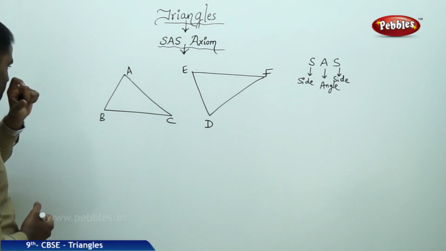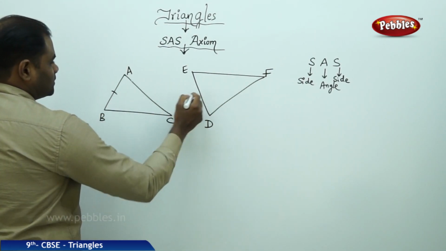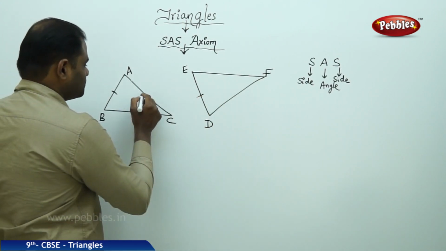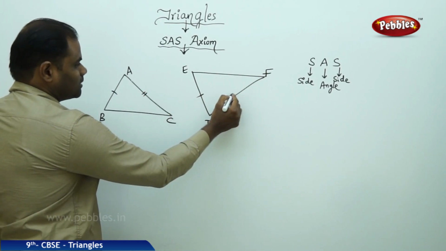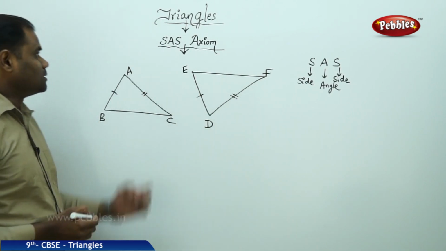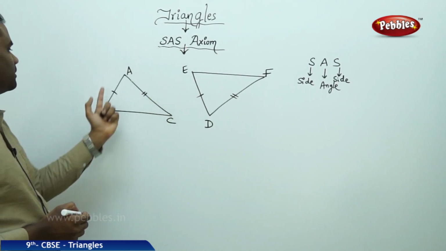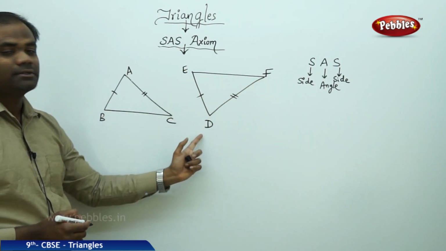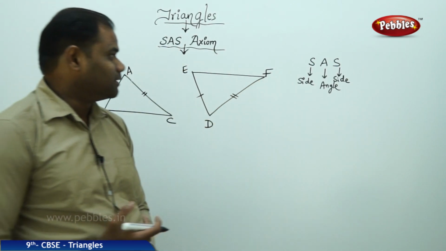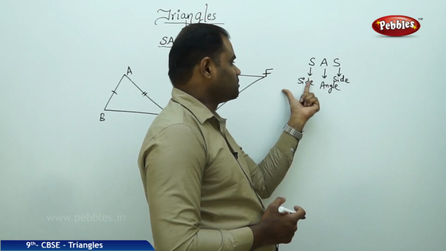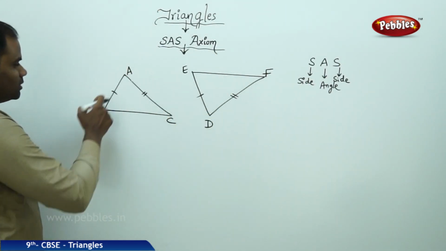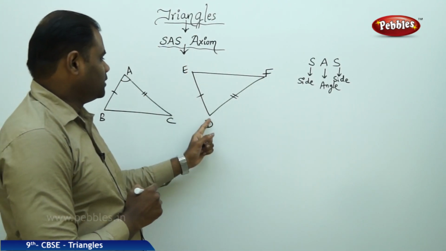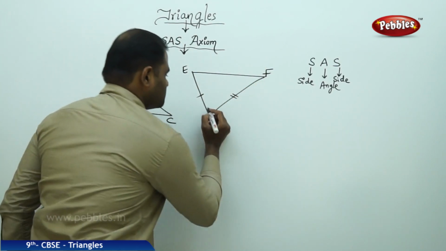Say, for example, this side equals this side. My AB equals ED, and say my side AC equals my side DF. That is how I take the two sides, one side being AB connected with ED and the other side being AC connected with DF. Now, as we have said, the angle is the angle chosen between two sides. So for these two sides, this is the angle which is chosen, and its corresponding angle chosen between two sides must be this.